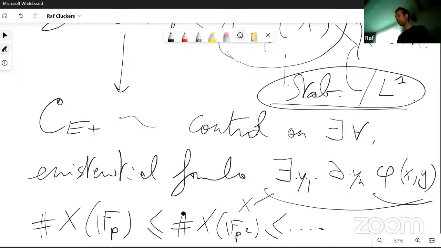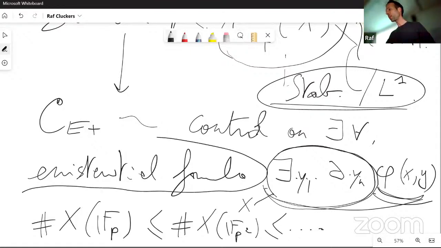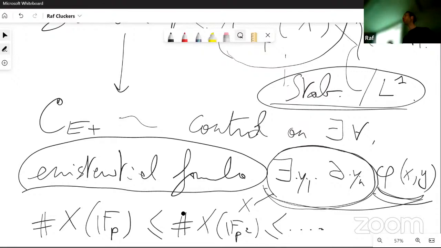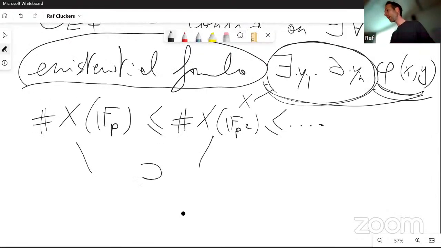Of course, for quantifier free, this is not so difficult to see, but with the quantifiers, these are witnesses. If the witnesses already exist in small fields, they will also exist in large fields. So you have more and more solutions. So the existential formulas are kind of the most general kind of formulas that always have this behavior that they grow in larger structures. There is also always an inclusion of sets. So this set is automatically included in that set, if you look at F_p as included in F_{p squared}.